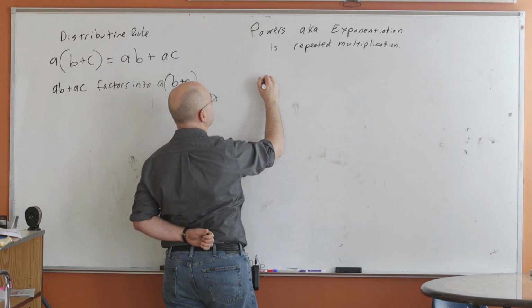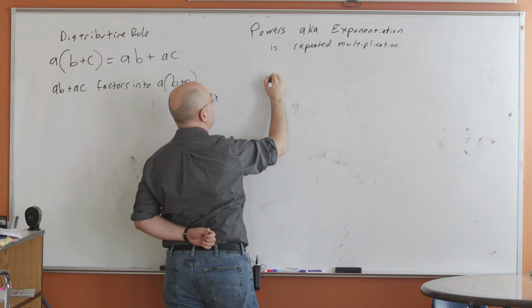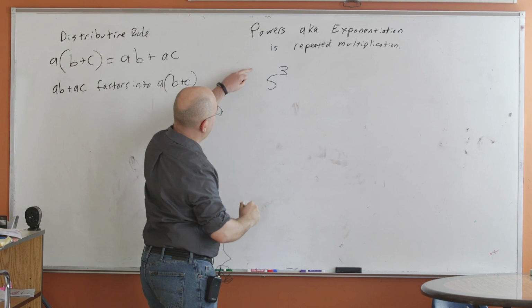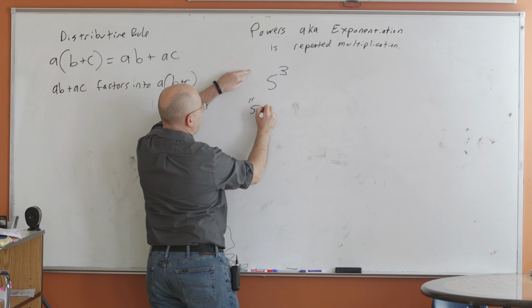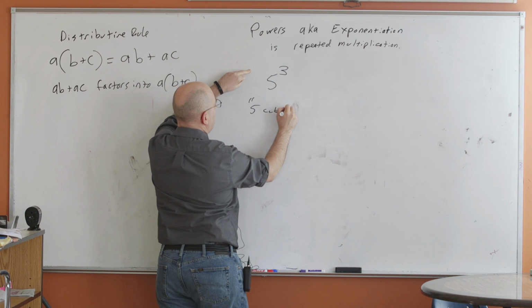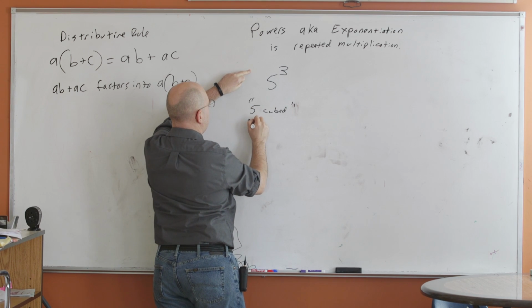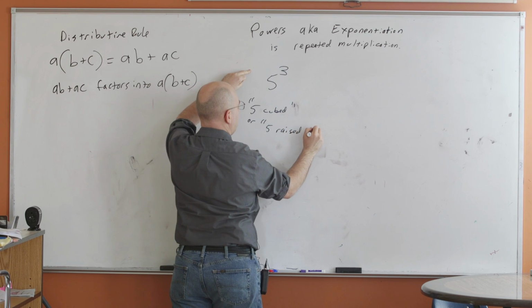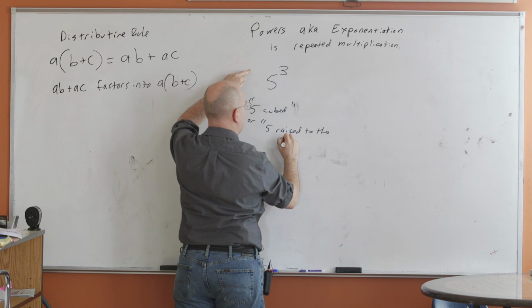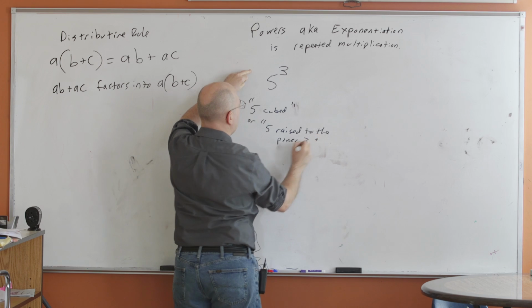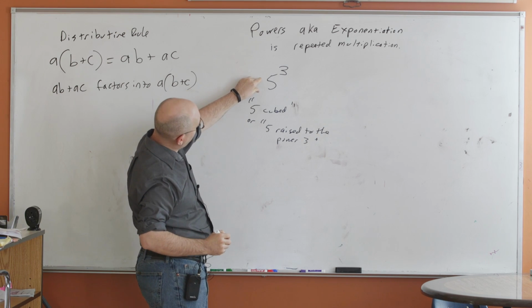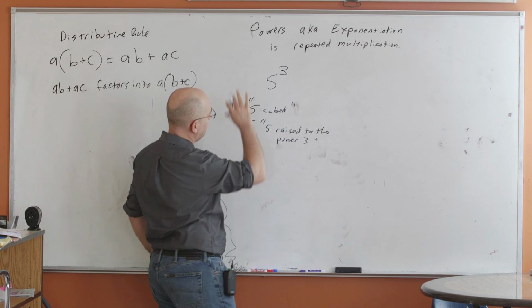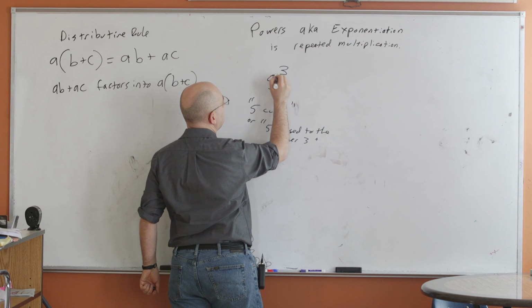So, for example, 5 cubed, or 5 raised to the power 3. We write it as 5, and then we have a superscript 3 here. So it's on its own kind of level.